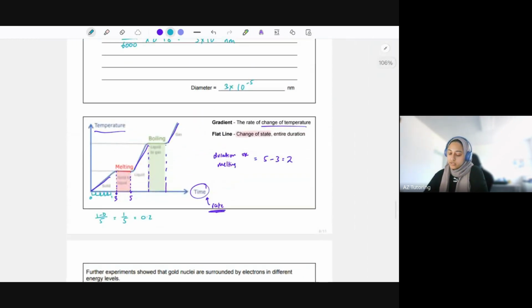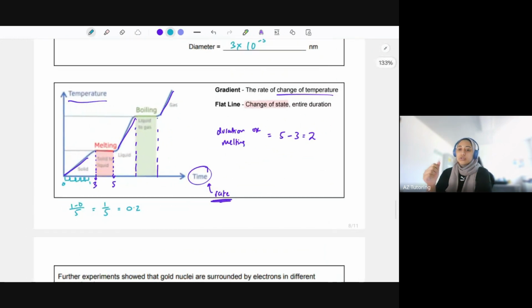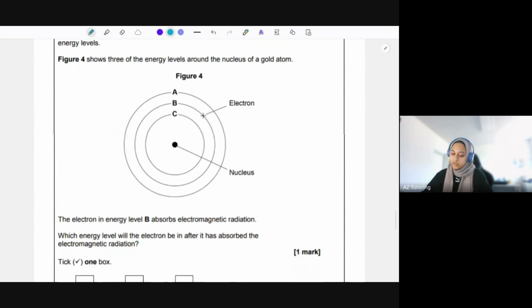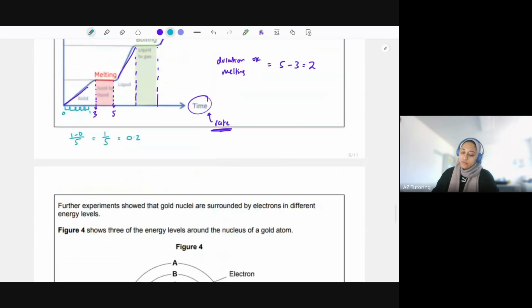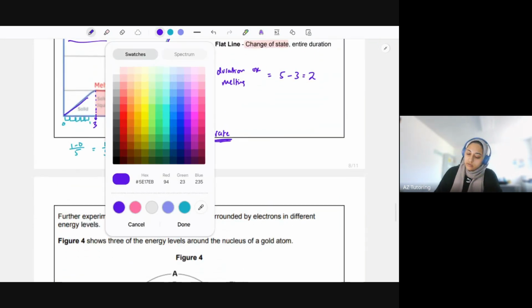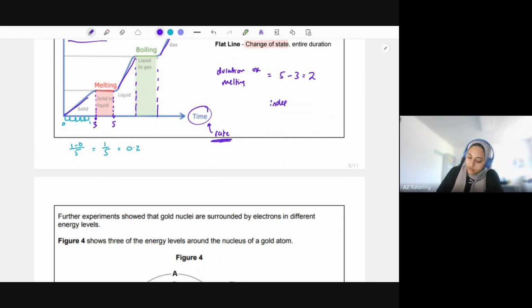Okay, one other thing I want to mention just before I forget: make sure you know the difference between independent, dependent, and control variables here as well. Just like with biology and chemistry, make sure you're aware of that for this as well. I'll probably write it here so it's part of your notes, because that comes up all the time. Independent is the one that you're changing, so essentially what you're investigating.